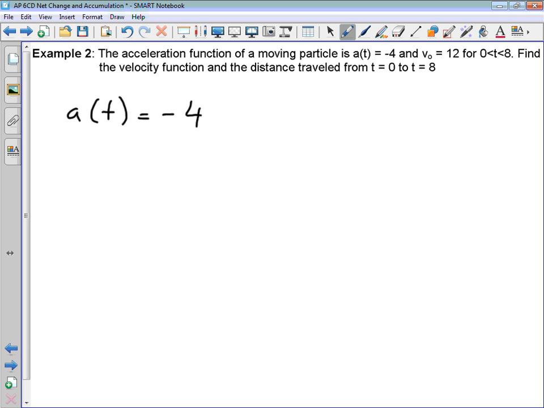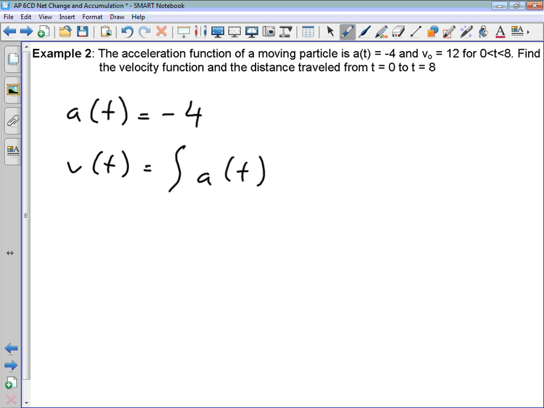What do you think, Lee? So if we want to find velocity, what do we have to do to acceleration? Yeah. Basically, we want to do the indefinite integral here of our acceleration function.